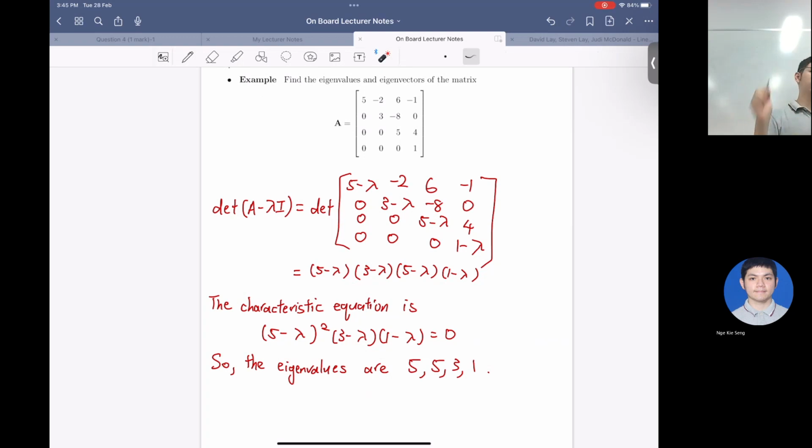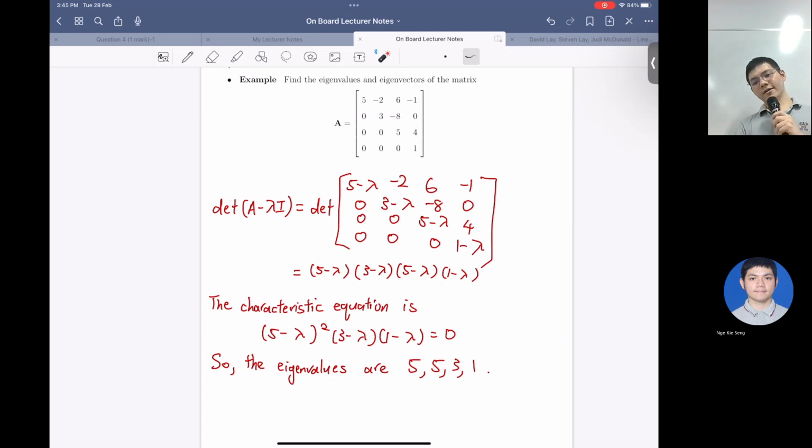We just say the characteristic equation, and then you will know to set that thing to 0. And then from here we should find that the eigenvalues are 5, 5, 3, 1.